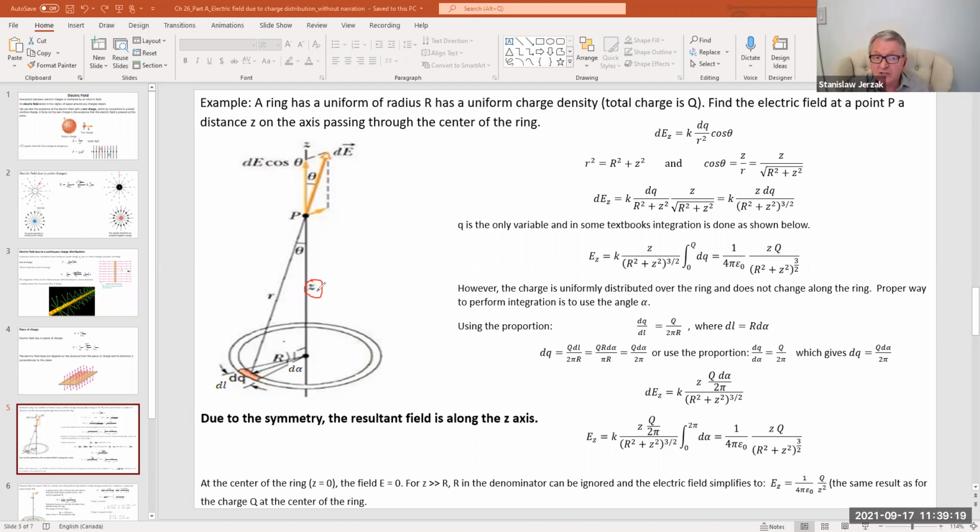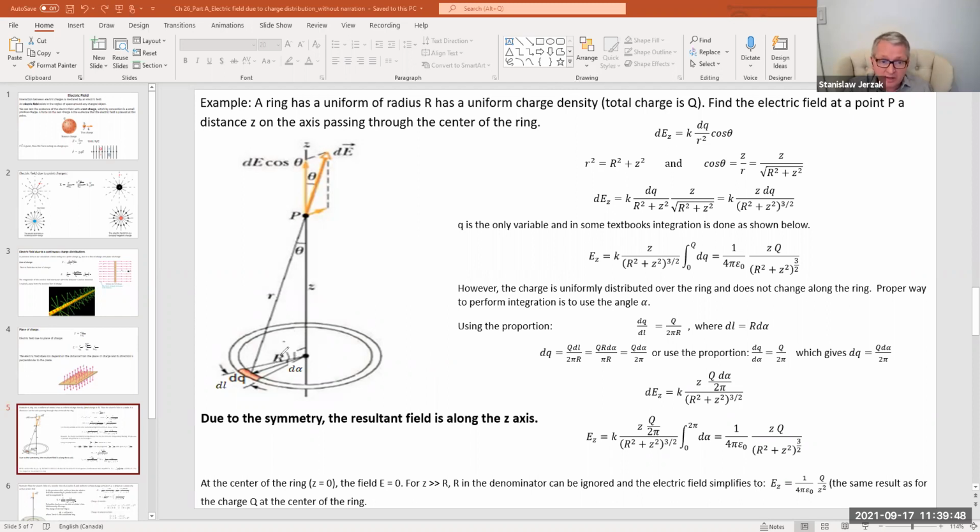Z is just the distance. I call it Z because in my calculations, I will now use X to be horizontal, and Y would be perpendicular to it, and Z is perpendicular to that ring. That's how I selected the coordinate axis system. So the Z axis is vertically up.